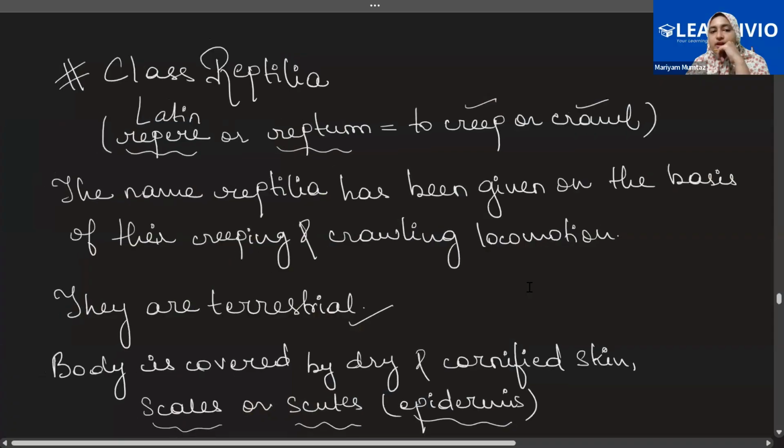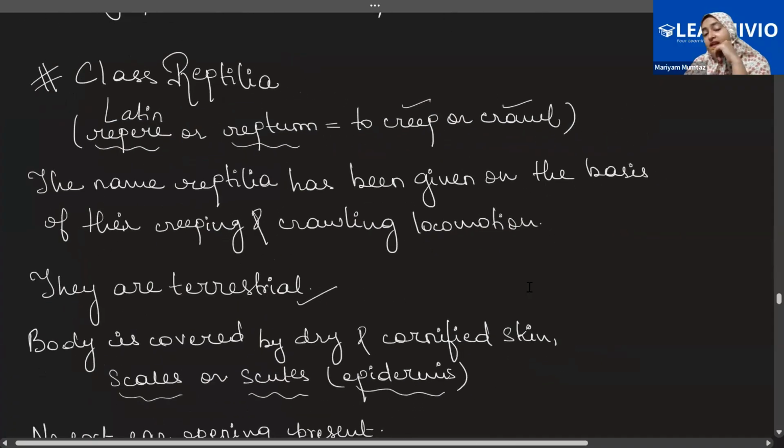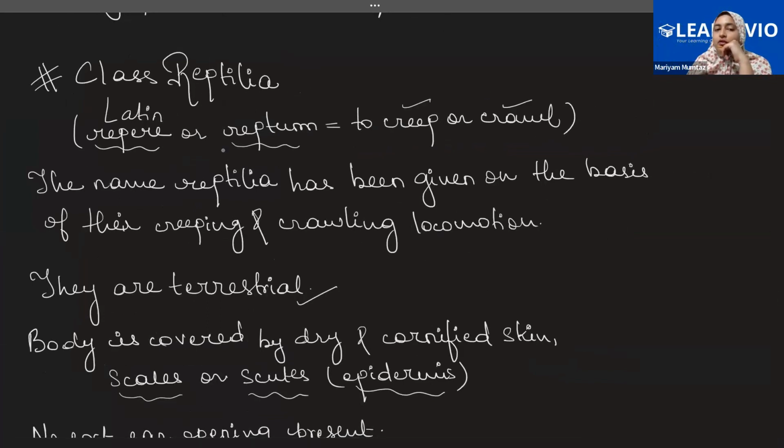Now coming on to reptilia. Here, even more gross creatures you'll find. The class Reptilia has gotten its name from the Latin, wherein repere or reptum means to creep or crawl. So all the organisms in Reptilia are creeping and crawling organisms.